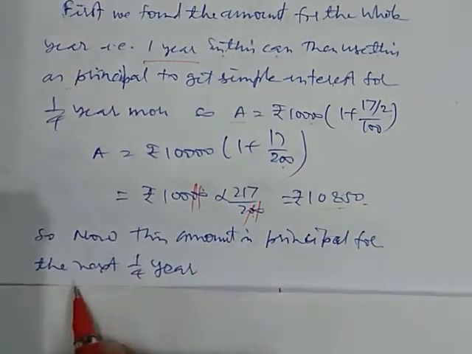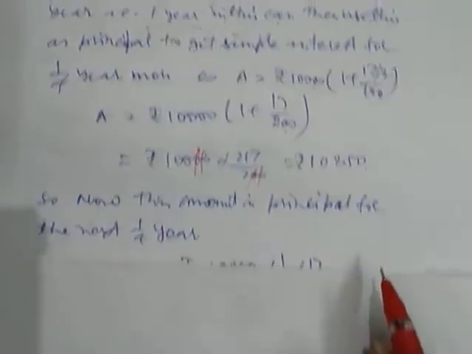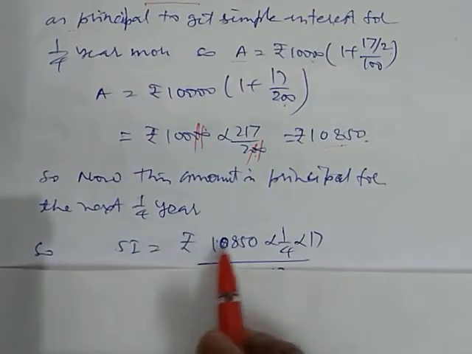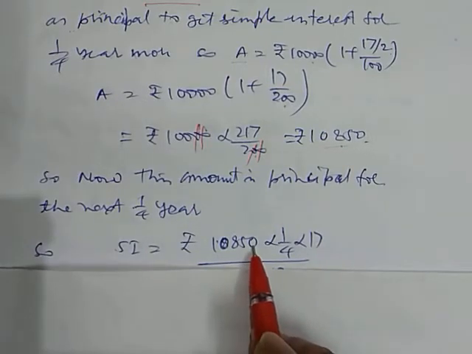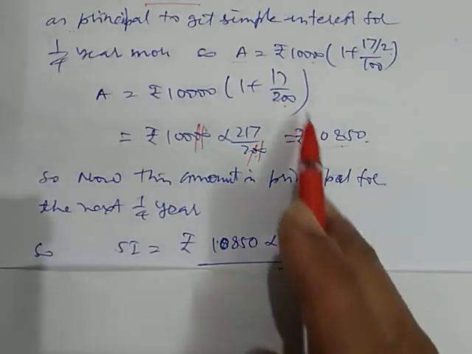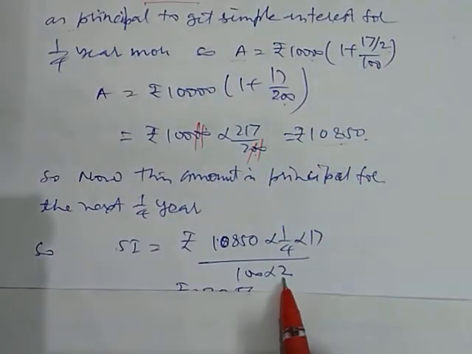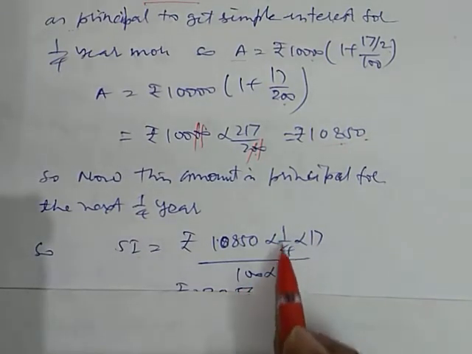The amount is the principal for the next 1 by 4 year. So the simple interest is rupees 10,850 into 1 by 4 year, and 17 by 2 is the rate.